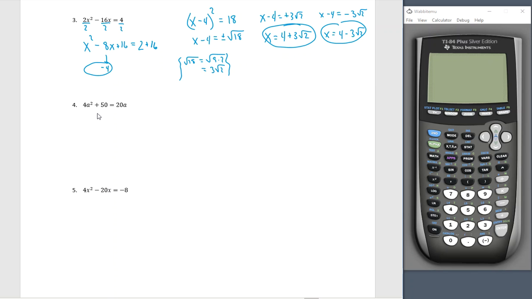All right, so I'm going to move things around here. 4a squared, I'm going to subtract 20a from both sides. And then I'm going to move the 50 to the other side. When I move the 50 to the other side, I change the sign.